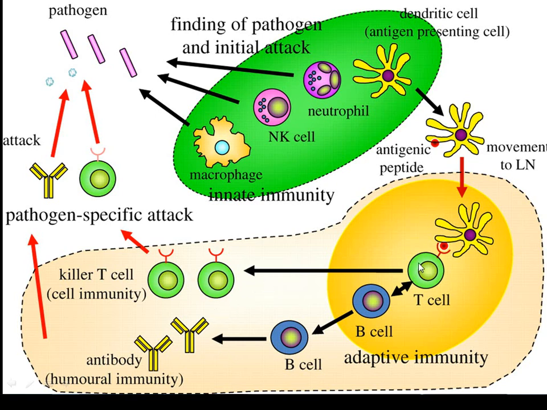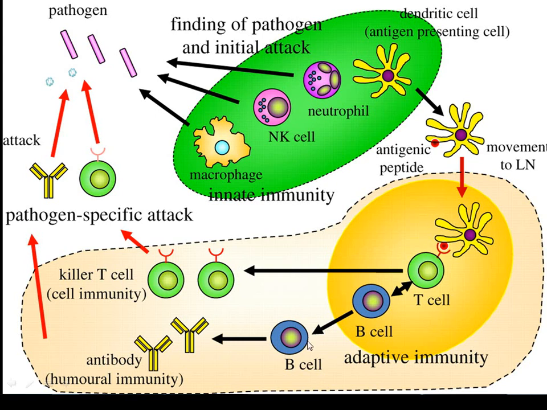Effector cells, in case of the T cells, will be T killer cells, and they will provide killing of the bacteria, or one cell will kill another cell, and it will provide our cellular immunity. So cellular immunity is provided by the T cells.